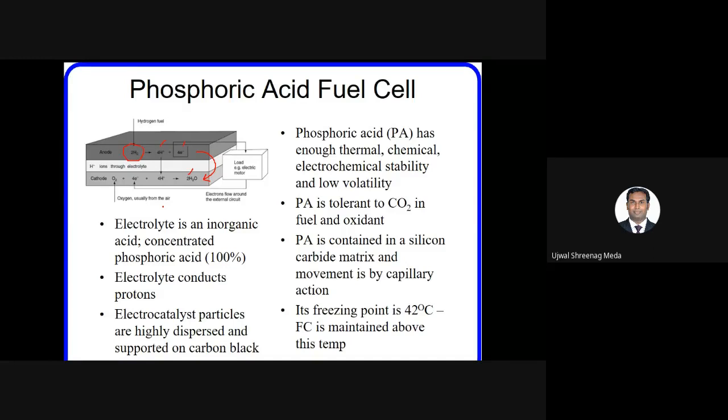In particular, a silicon carbide matrix is used in this PAFC. And the temperature should always be maintained above 42 degrees centigrade in case of PAFC.